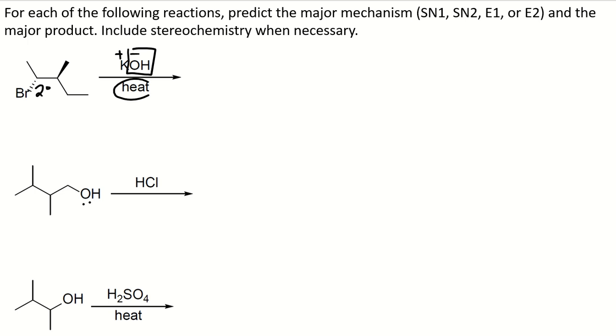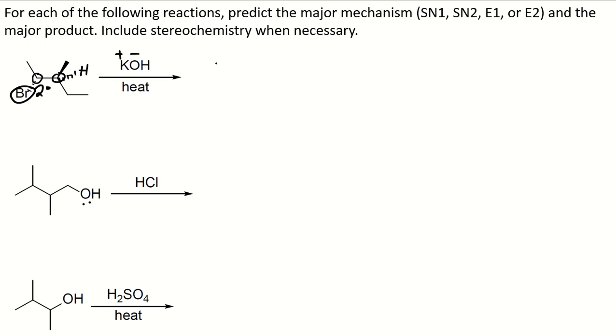Now, the heat is going to help us decide that E2 is most likely going to happen. Without heat, you probably get a mixture of both, but adding heat is really going to enforce the E2 elimination. Now, whenever you have two chiral centers here, you have to pay attention to the stereochemistry, the position of the leaving group, the bromine, and the hydrogen that is on the beta position.